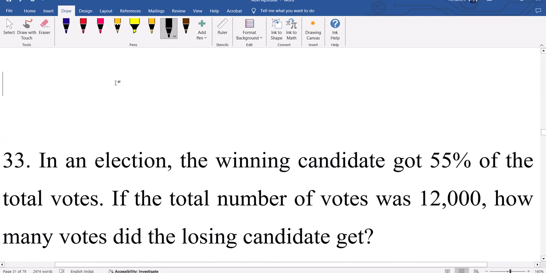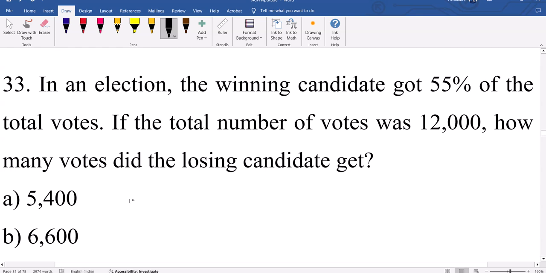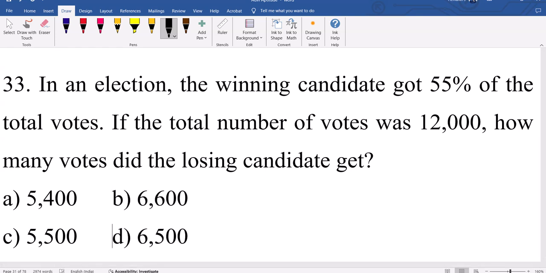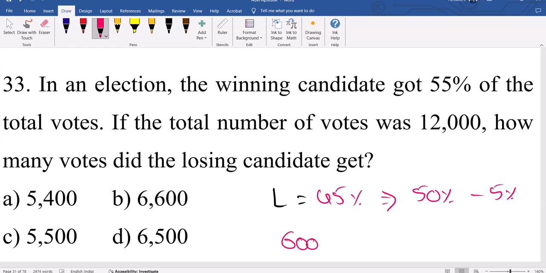Percentage is selection related basic question. What's your answer? Yes, see, in an election, winning candidate got 55% of total votes. Losing candidate will get, obviously, 45%, right? So how to calculate 45%? Simple. 50% minus 5%. What is 50% of 12,000? 6,000. 5% means 600.